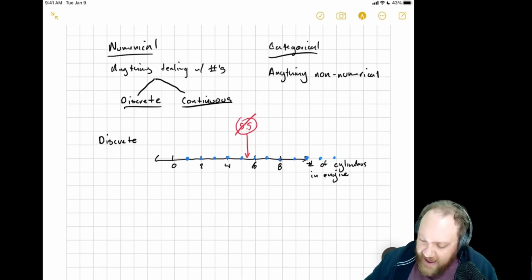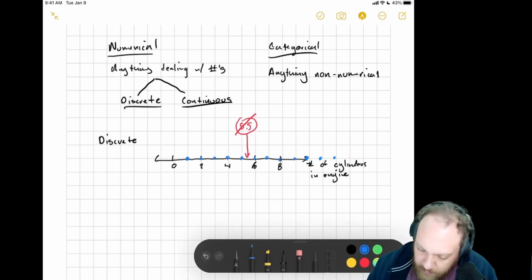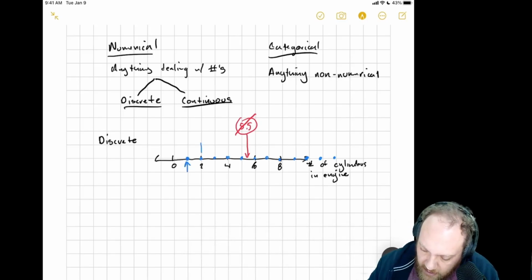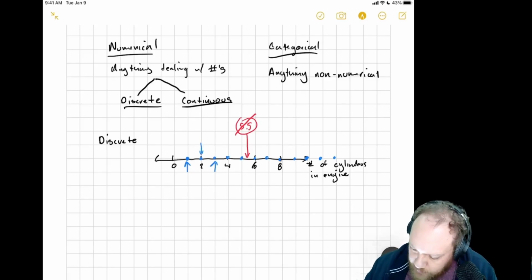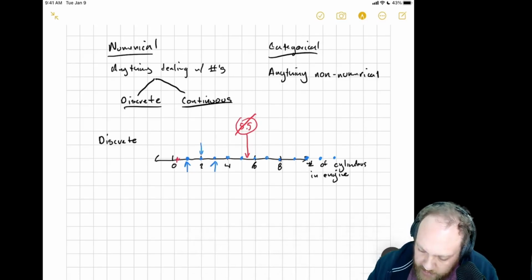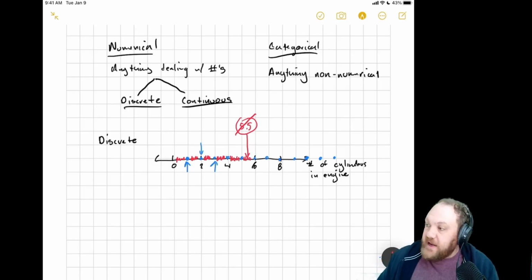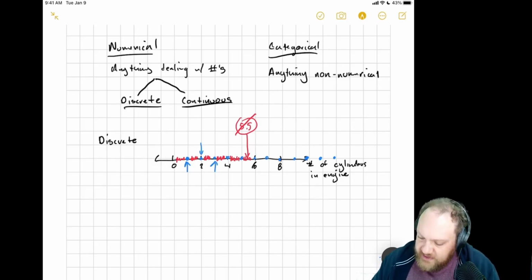So I have these discrete points of possible outcomes, right? And in between those points are these gaps, right, where there is no possible outcome, right? And that is the nature of discrete data.